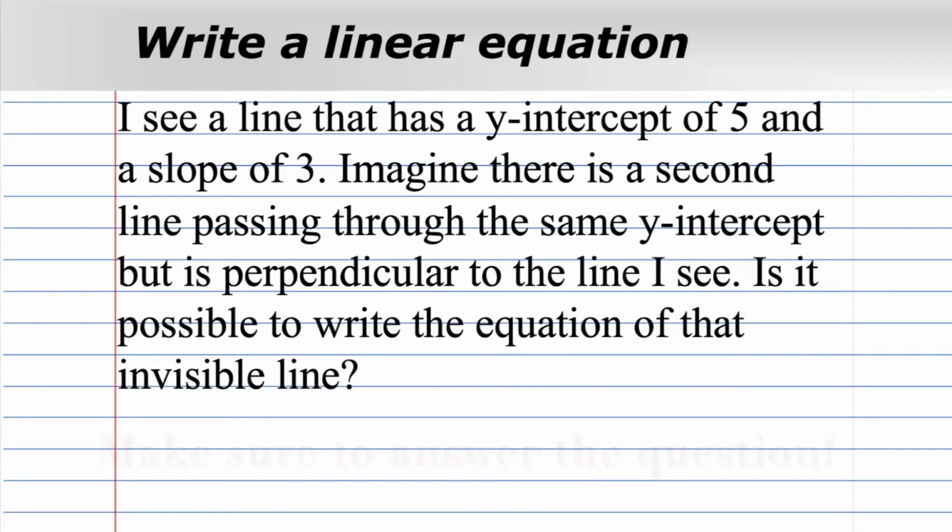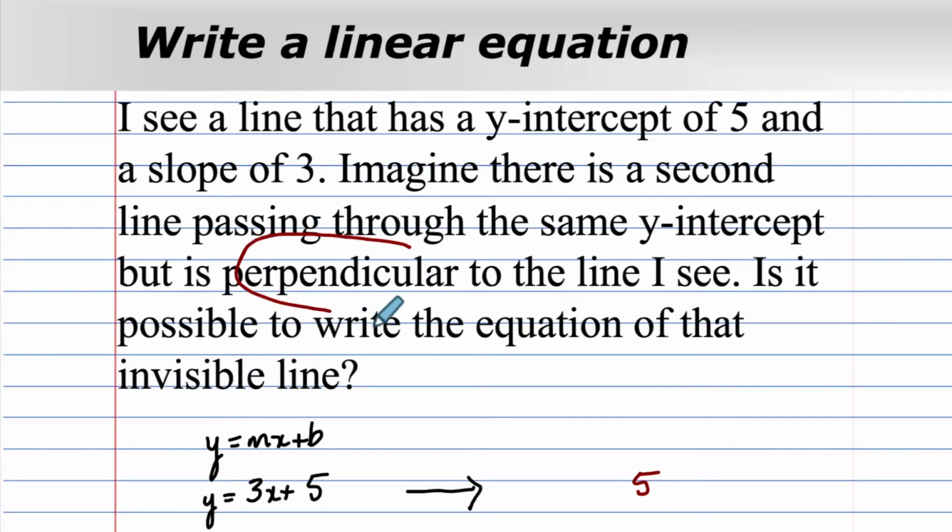Absolutely yes. The line that I could see has a y-intercept of 5 and a slope of 3. If there was a second line passing through the same y-intercept but is perpendicular to the line, we know that a perpendicular slope is related to the original slope by you take the reciprocal and switch the signs.